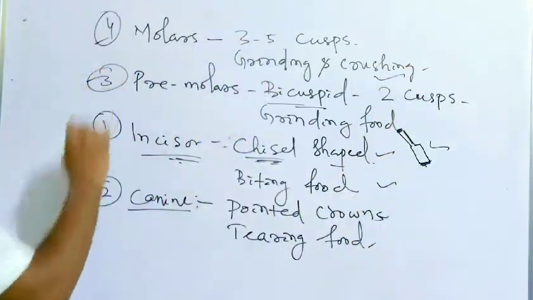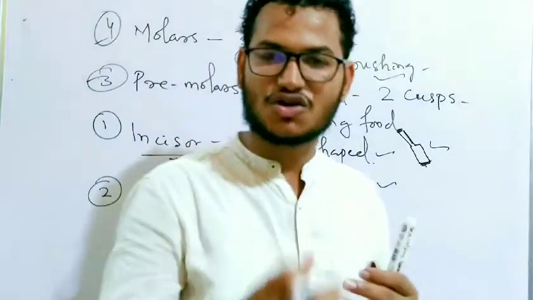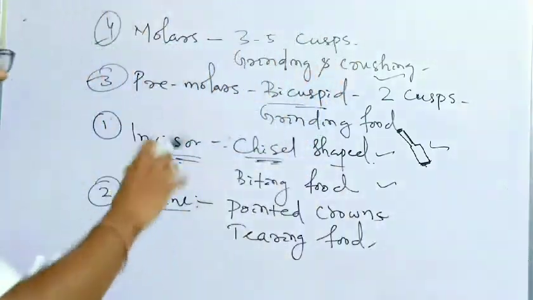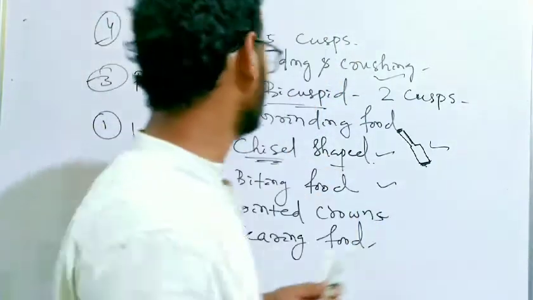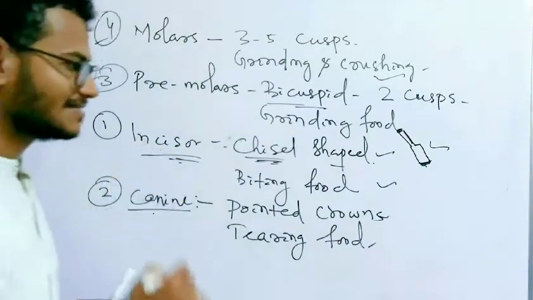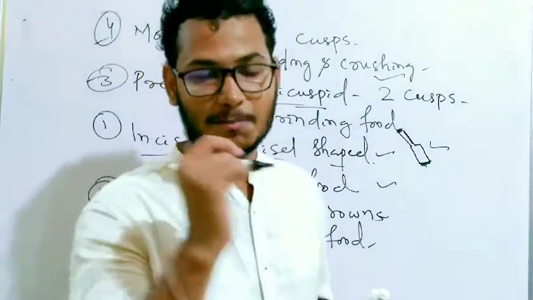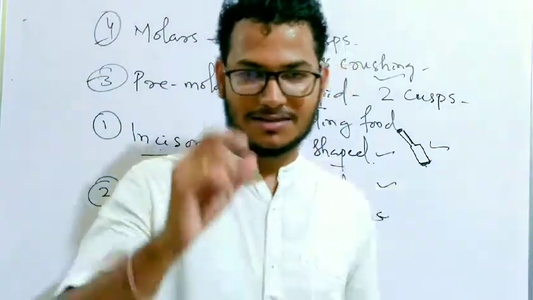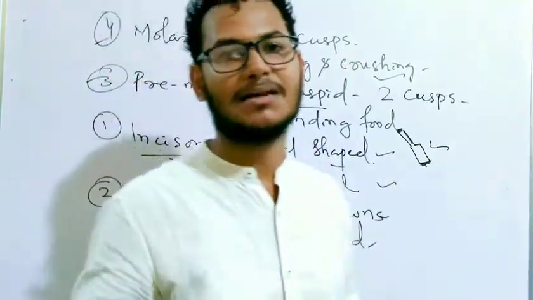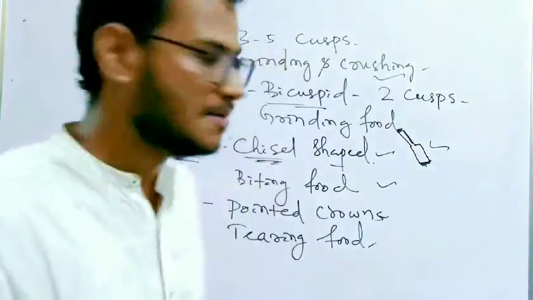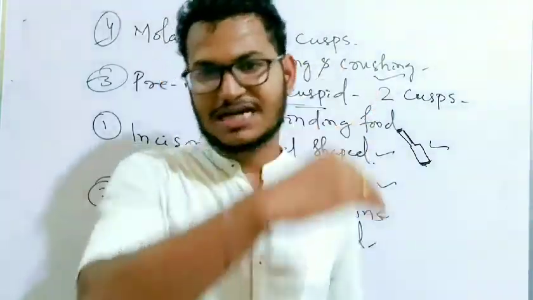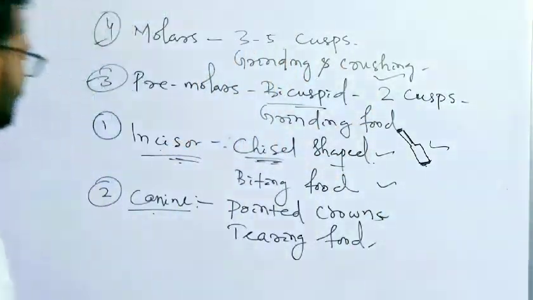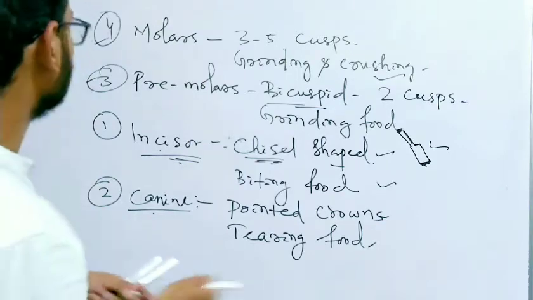So molars and premolars help in grinding and crushing the food to make them simple particles, whereas the incisors and canines are helpful in biting and tearing the food and making it very small pieces. Clear? So these are the 4 different types of tooth present in human.